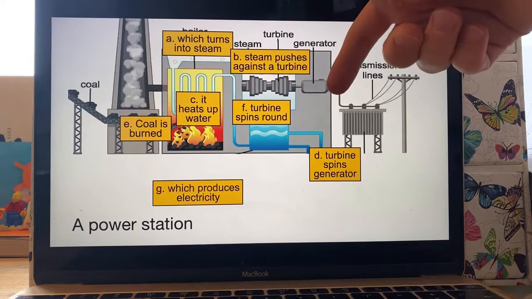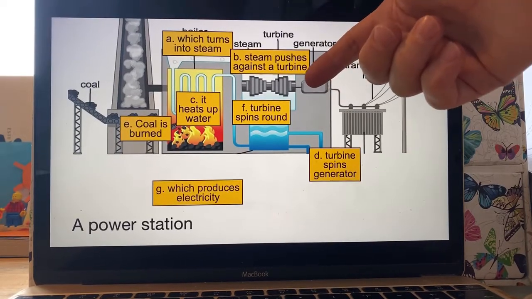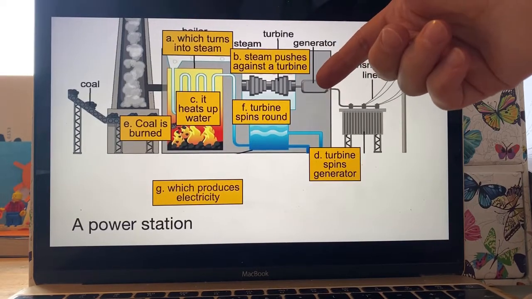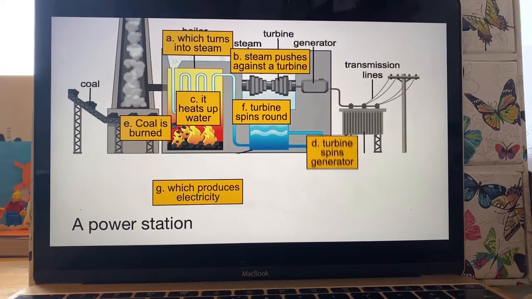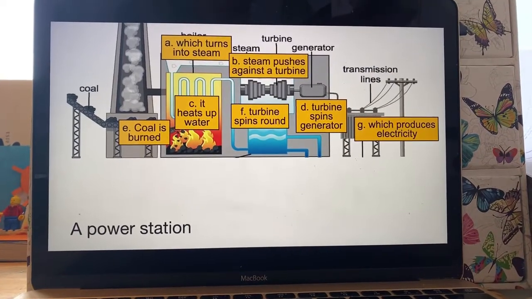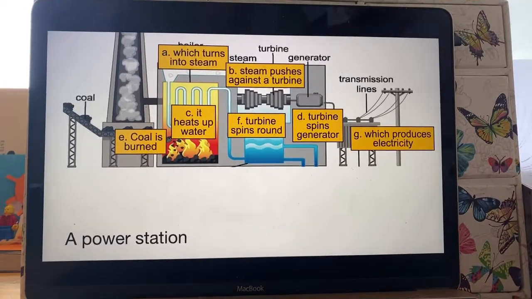And we haven't really talked about what the generator does. We will do that in later lessons, but the important thing to remember is that when something inside the generator moves, it could spin, it could move up and down, as is the case later, that produces electricity, all right, or generates electricity, if you like. So that's where we got to last week.